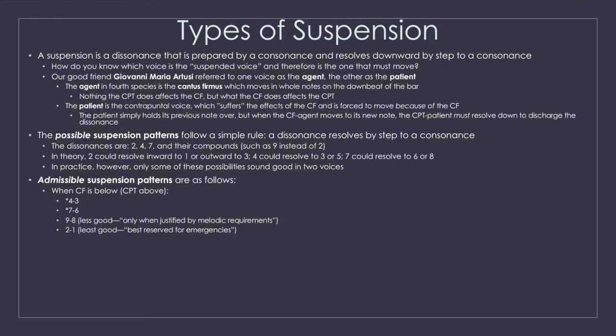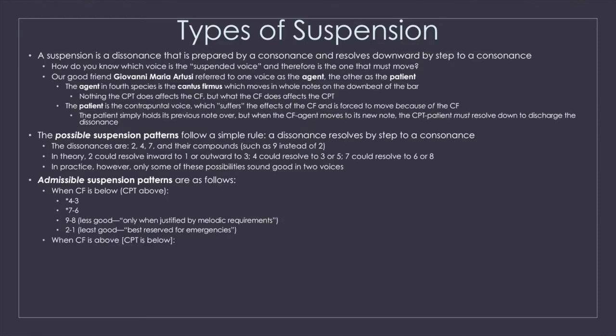So that was definitely considered the best type of suspension to use at that very early period when composers were first working out polyphonic practice. But by the time you get to the Renaissance, at least, the 2-1 in just two voices is not considered as good.